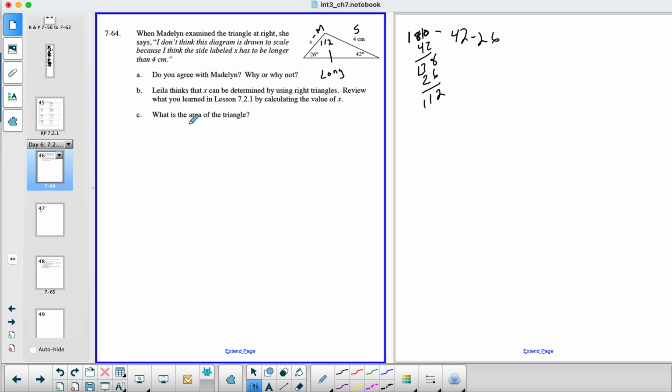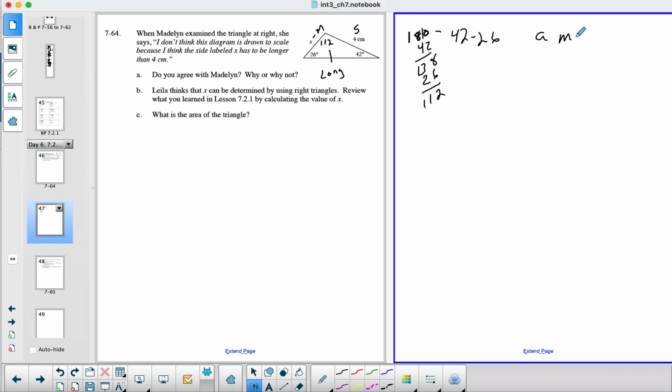So yes, I agree with Madeline. We're going to go 112 longest, 42 X middle, and 26 for shortest.